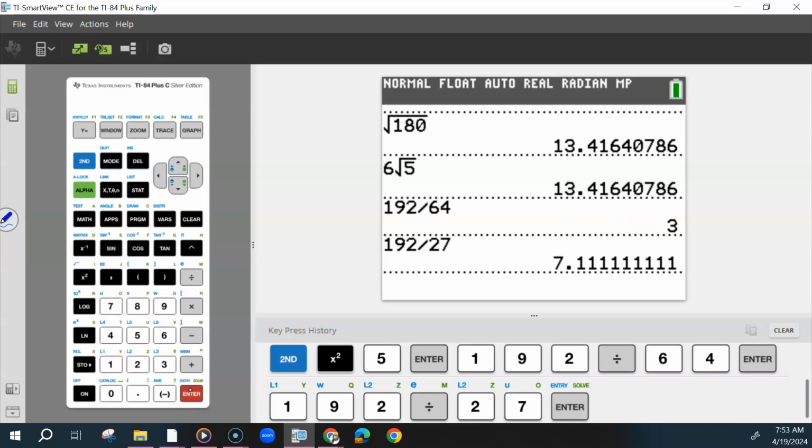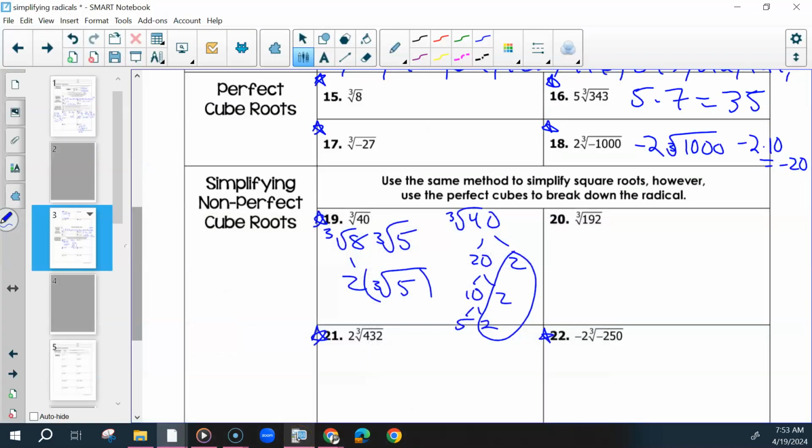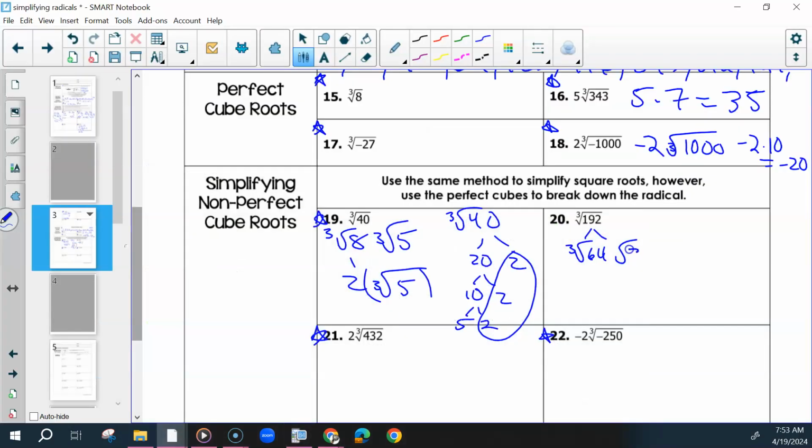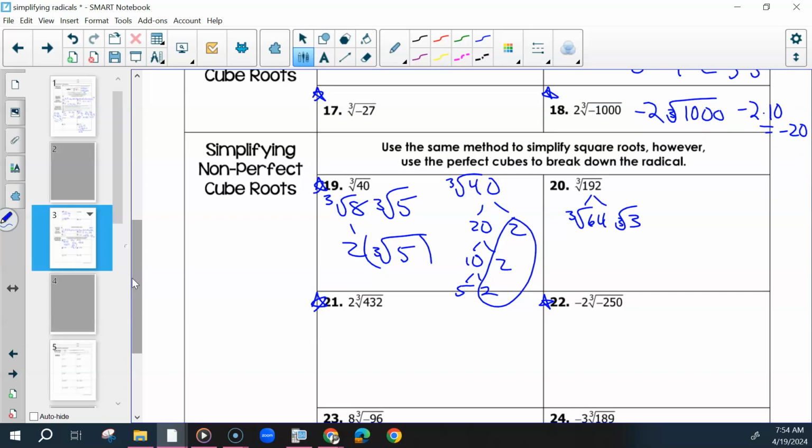This one would give us a decimal, so that one wouldn't work. 64 and 3. So then if I simplified this down, what would my final answer be? 8. 64 times 3 gives us 192. Not 8, not the square root of 64, but the cube root of 64. So 4.